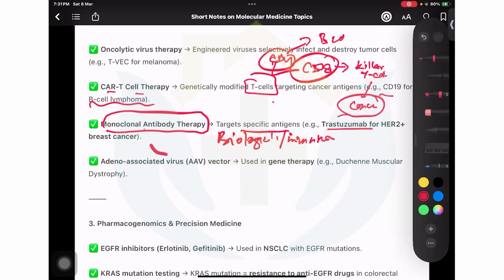So these are chimeric molecules, and they are a big name now because they have helped treat so many people with the least of the problems of chemotherapy. Then adeno-associated viral vectors. This is also used in gene therapy, trying to eradicate or modify the gene. So used in Duchenne muscular dystrophy.